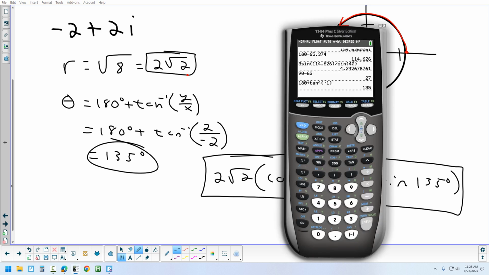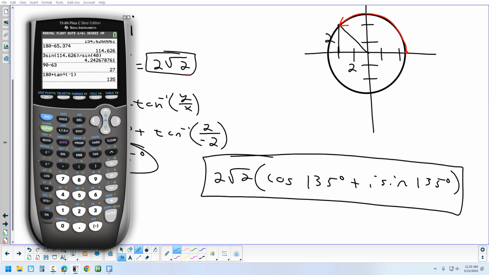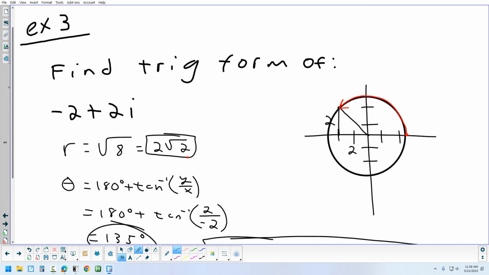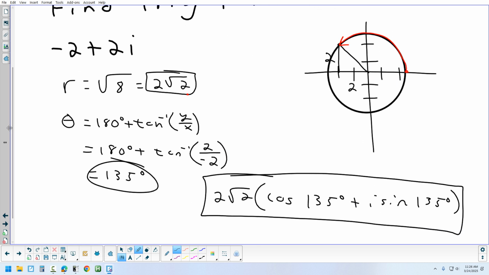Now, let me type that in and watch what happens. If I do 2 root 2 times the cosine of 135, what number do you think I will get?